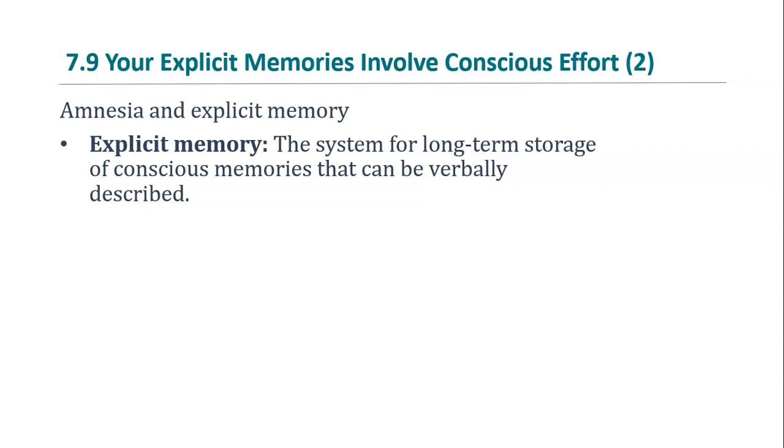Continuing with Chapter 7, I'd like to talk about the different kinds of memory. Explicit memory is that long-term storage for conscious memories that you can describe verbally, for events that have occurred that you can remember and talk about.